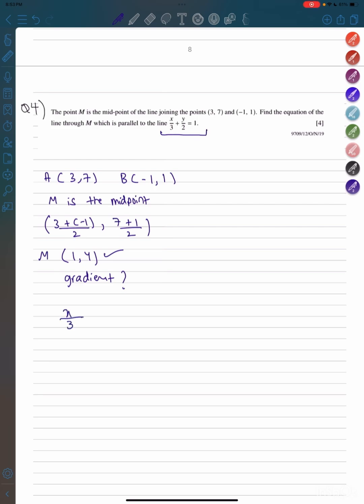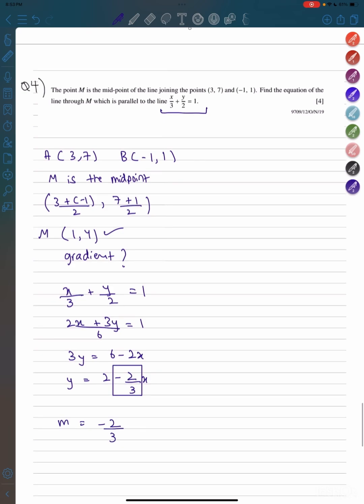I'm just going to manipulate this exact equation and quickly simplify it. Our gradient is negative 2 over 3.